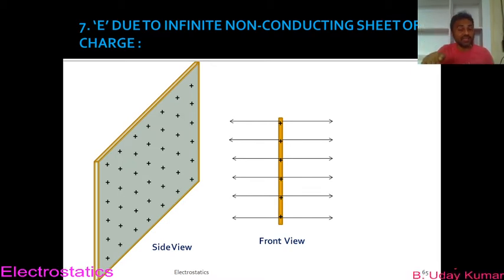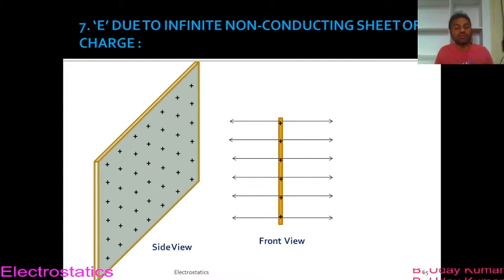But in this case, the electric lines of force will be directed only towards right and left, because it's a sheet. Everywhere positive is there, so the lines of force are not directed towards you or towards me. So that means not in all the directions.